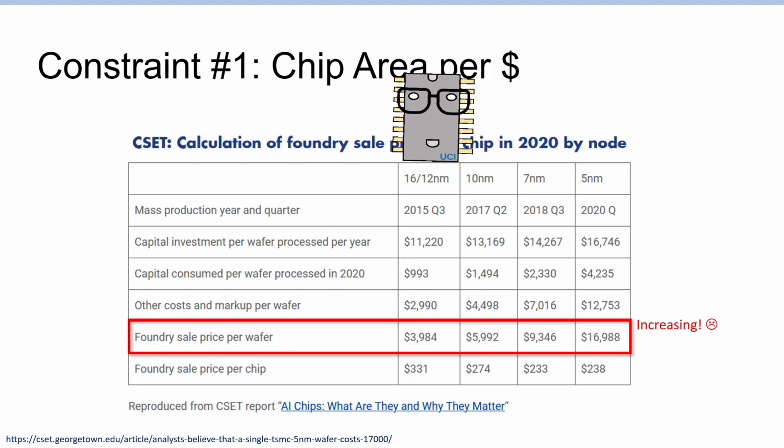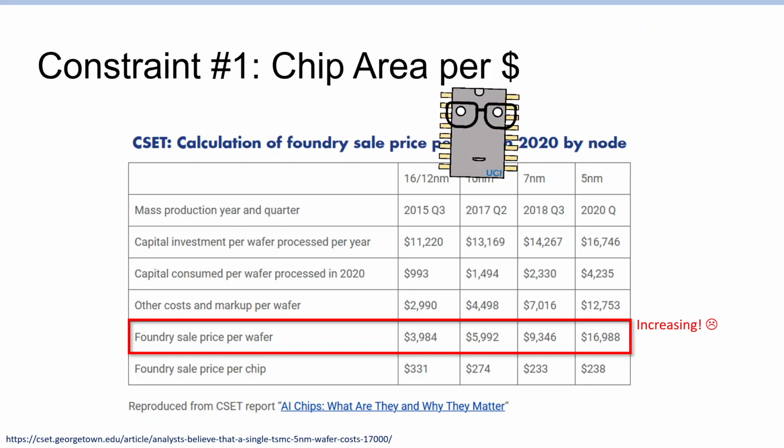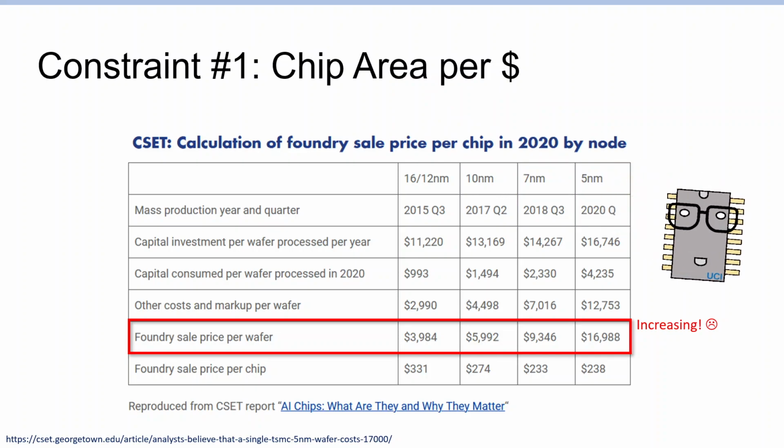The cost of producing a wafer of silicon chips has been continuously increasing, at least recently, because it is becoming more and more difficult to etch smaller and smaller transistors onto these wafers.